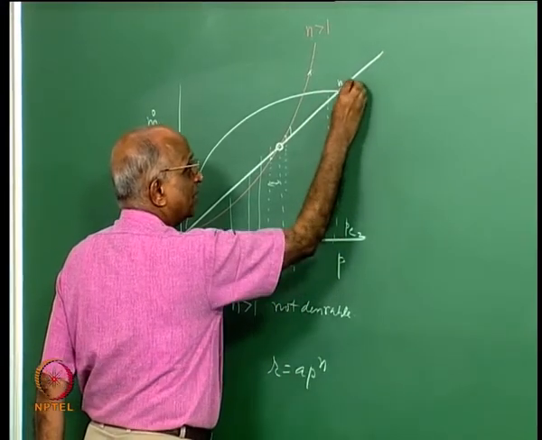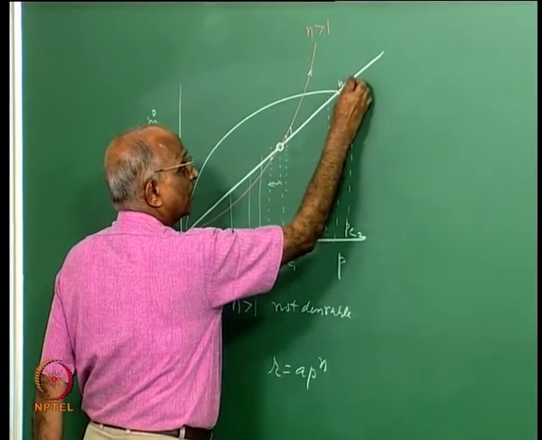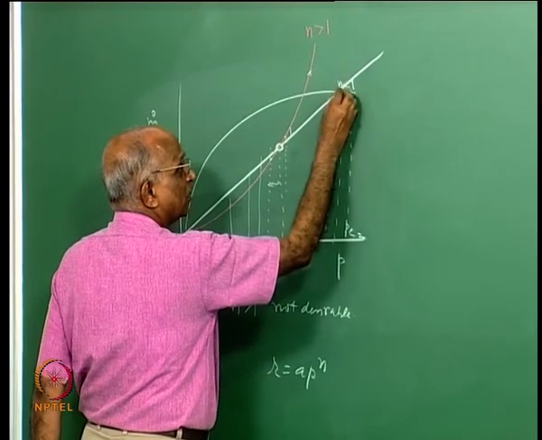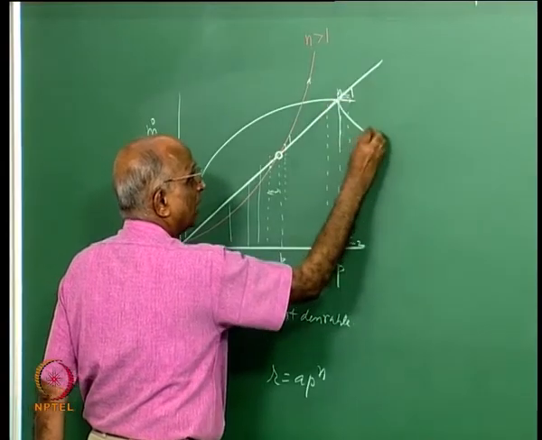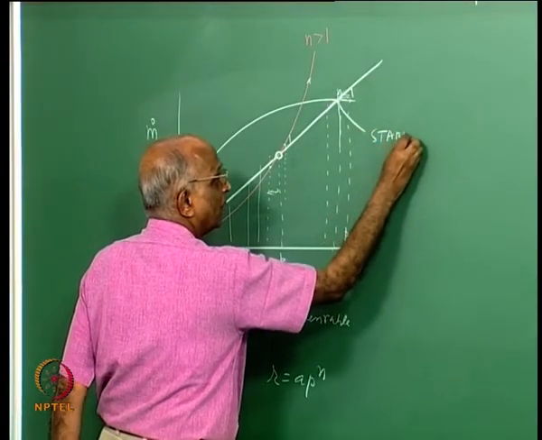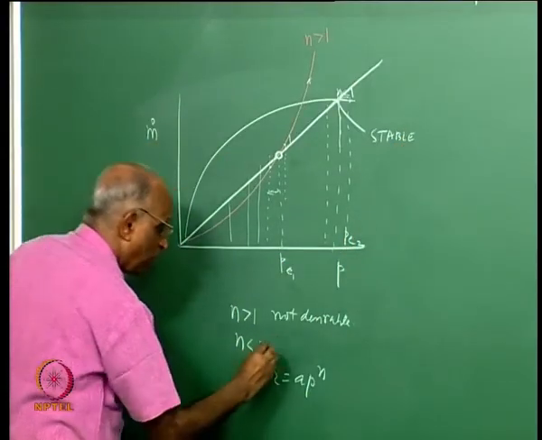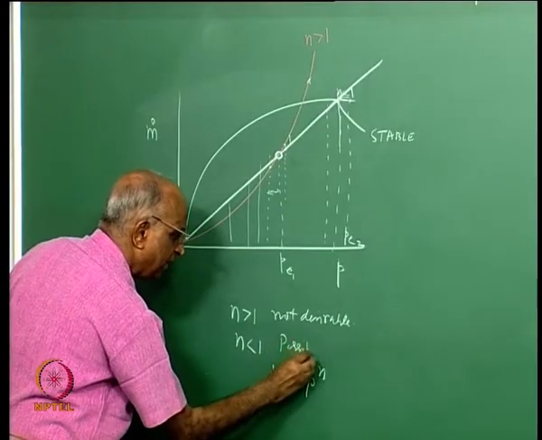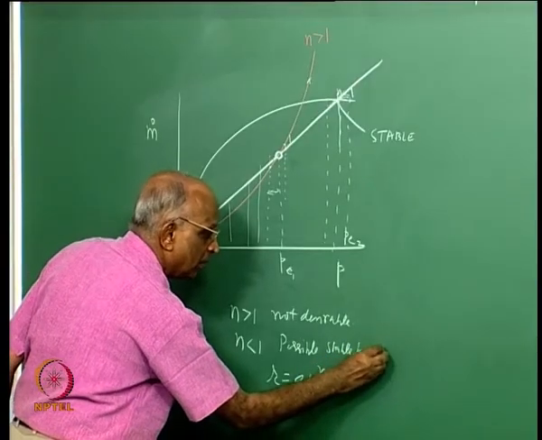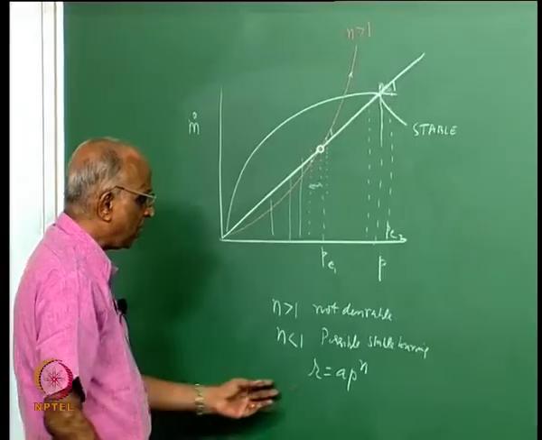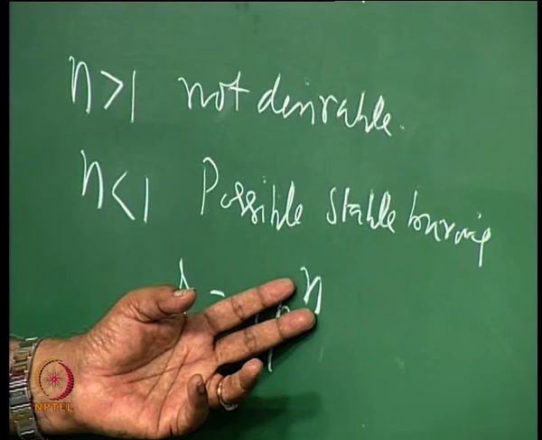If by chance it exceeds the equilibrium state and comes over here, again I find the mass leaving the nozzle is higher than the mass generation rate and it pushes it back to this point. Therefore this point becomes a stable equilibrium value. Therefore n less than 1 is possible, and it gives rise to stable burning. Therefore in the burn rate law, r is equal to a P to the power n, n must always be less than 1. This is all what we have done.